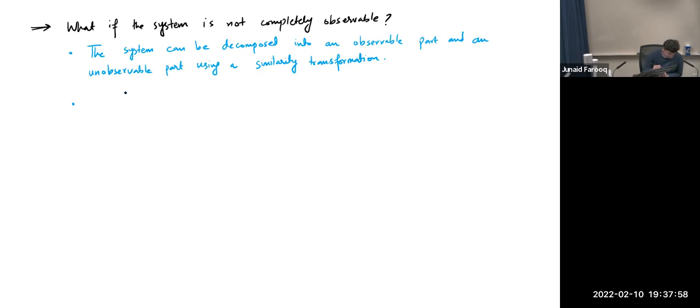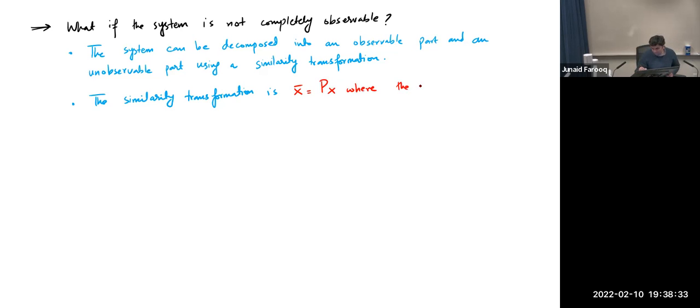So the similarity transformation that will do the trick is X bar equals PX, where the matrix P is constructed as follows.